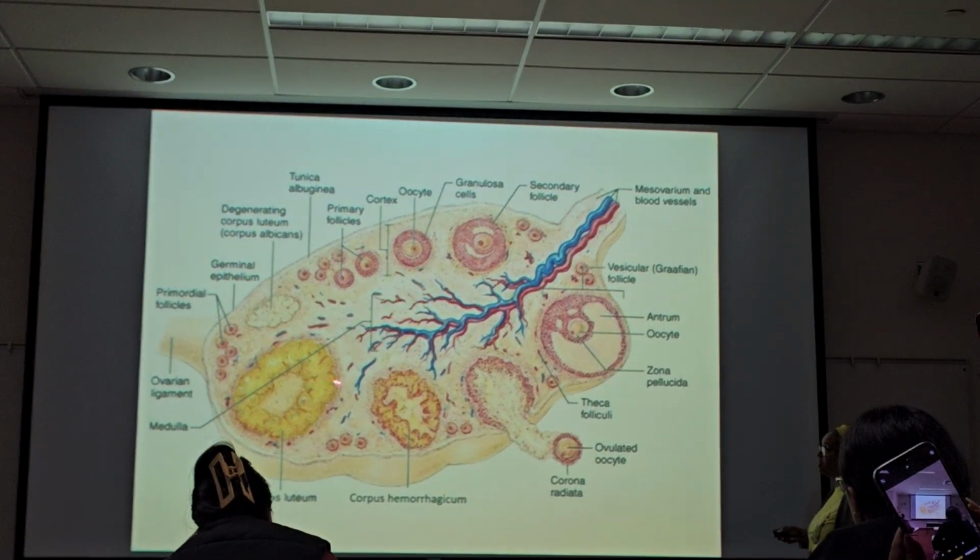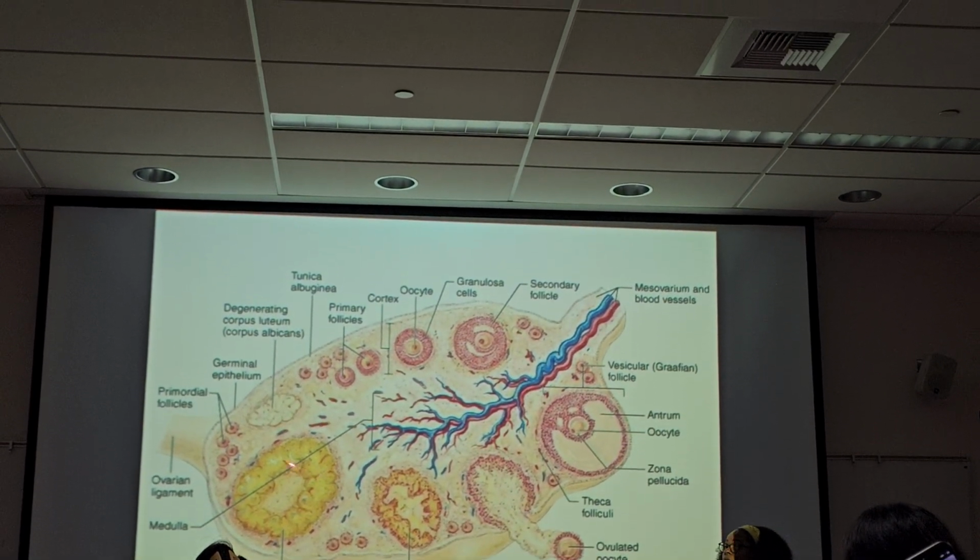A little blood there, but it continues to change into the corpus luteum. This is an endocrine secreting structure. It will secrete hormones, and then finally it will start to degenerate into the corpus albicans. And this is fibrous tissue that we will see all throughout the ovary.